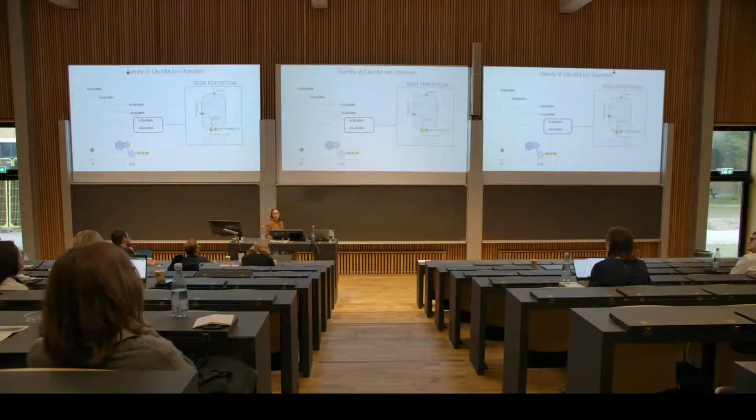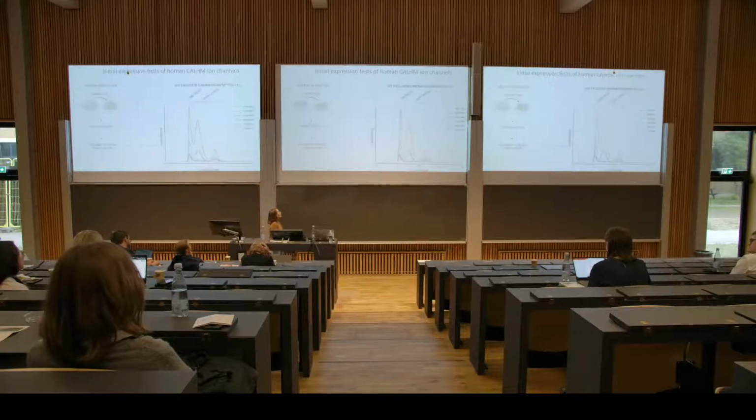To figure this out, we decided to attempt to determine the structures of those CALHM channels. When it comes to structural determination, one needs quite huge amounts of protein. This is done by the artificial production of the protein of interest in various expression systems.